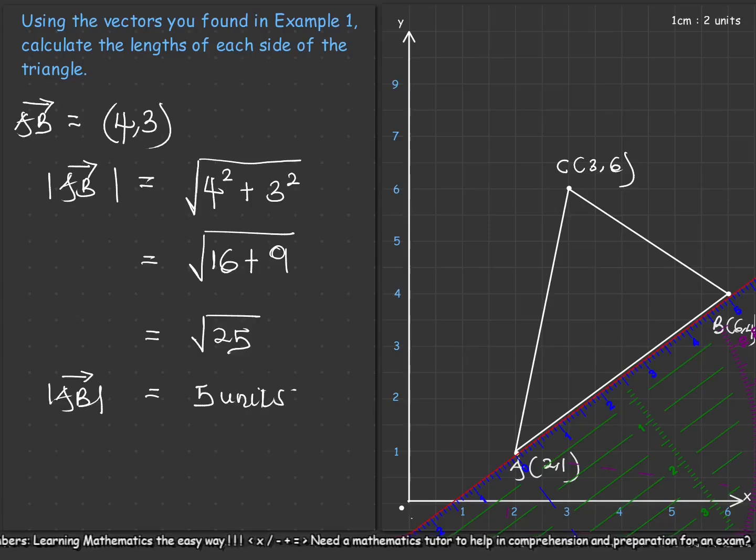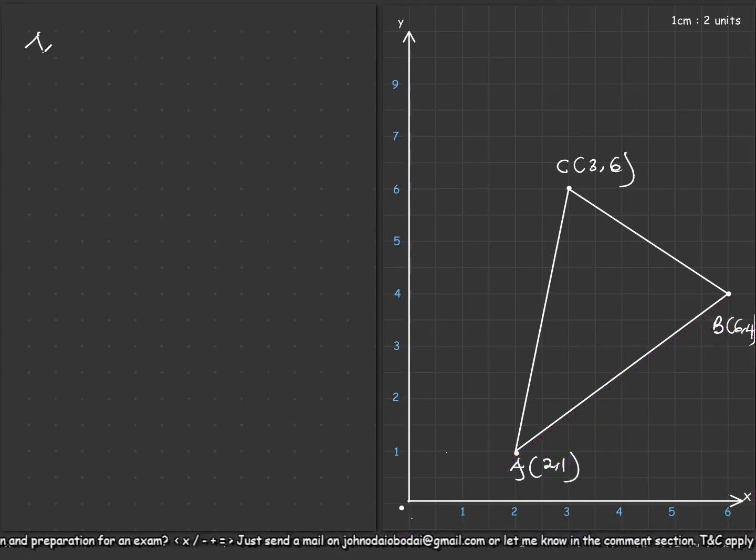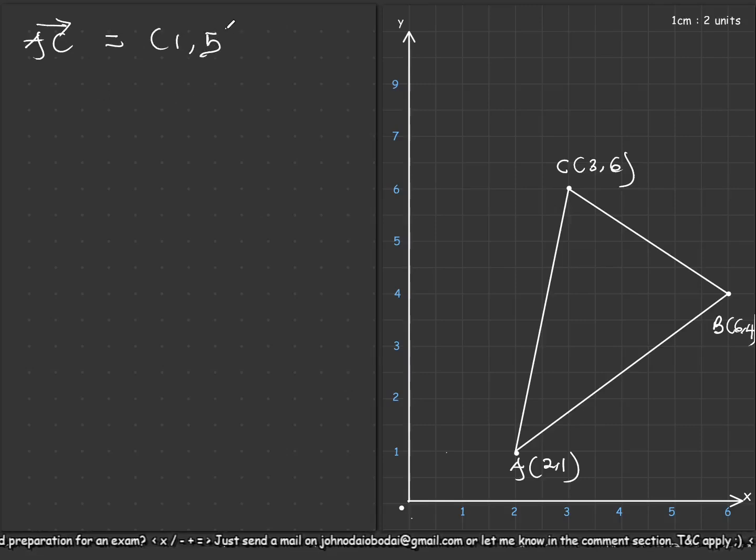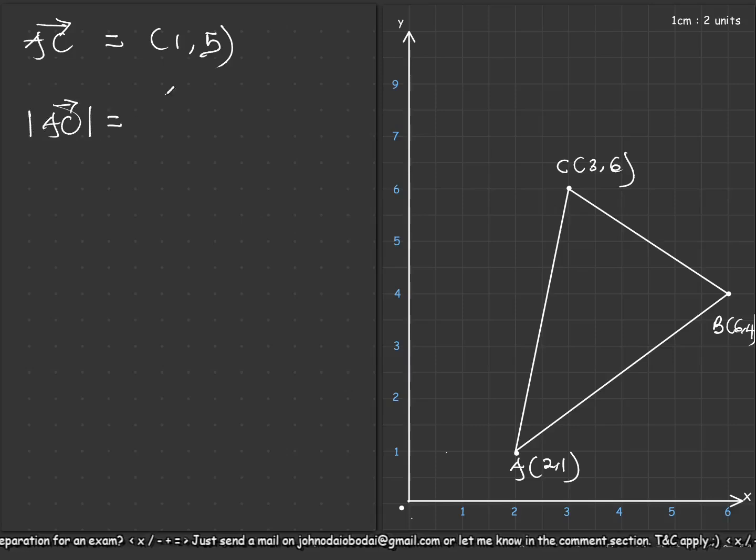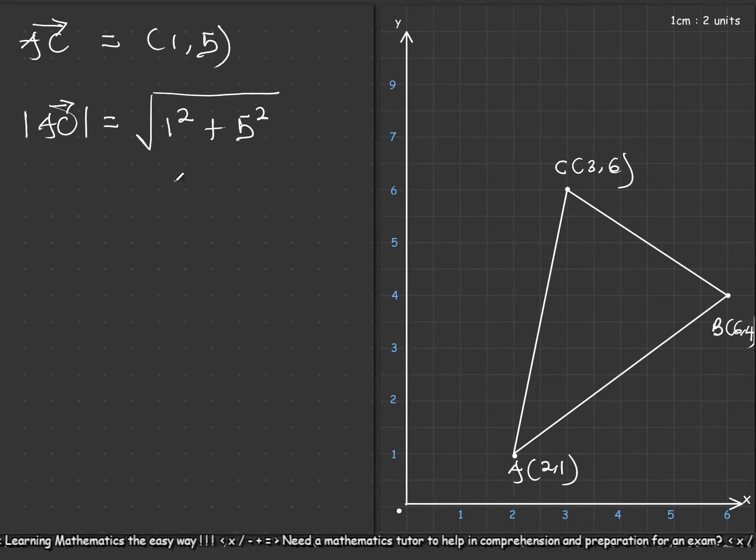Let's continue and see what we are going to get for the rest. Now, for AC, we already solved for its vector, and that was 1, 5. Using the same method to solve for its magnitude, the magnitude of vector AC is given as the square root of 1 squared plus 5 squared. Evaluating further, 1 squared gives us 1, and 5 squared is 25.